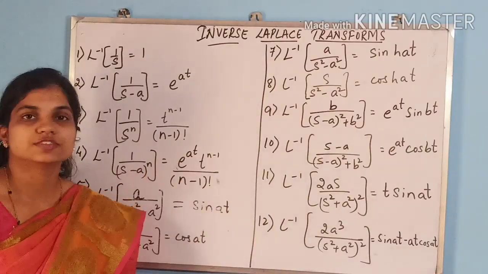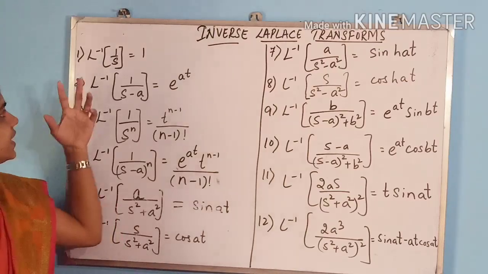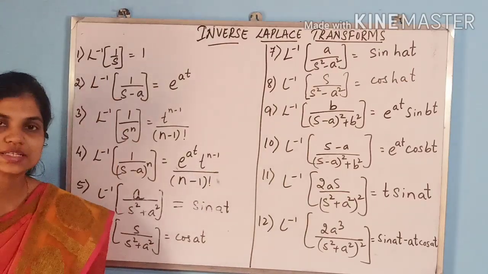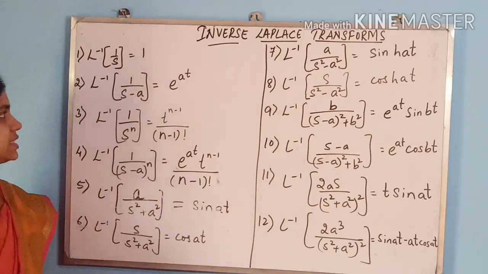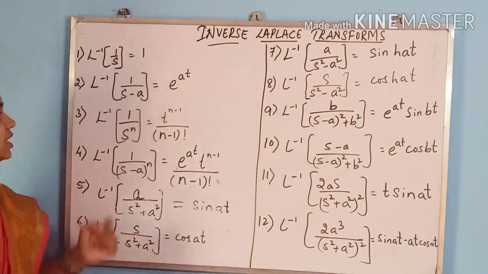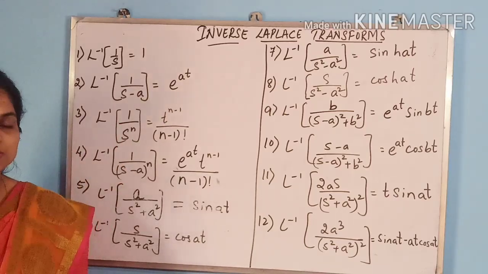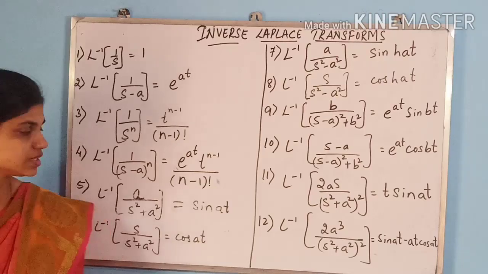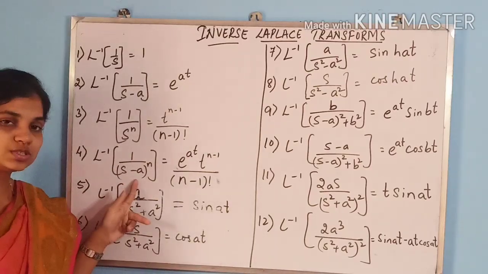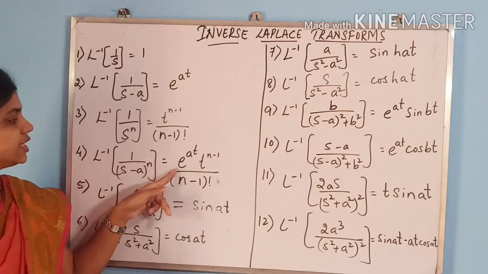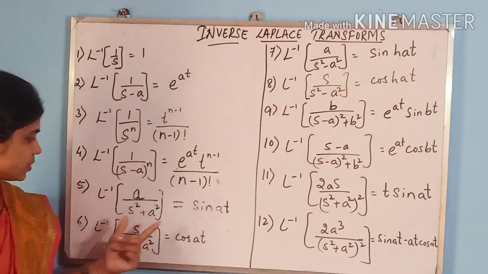These are the formulas of inverse Laplace transform. The first one is Laplace inverse of 1 by s is equal to 1. Laplace inverse of 1 by s minus a is equal to e raised to at. Laplace inverse of 1 by s to the power n is t raised to n minus 1 upon n minus 1 factorial. And Laplace inverse of 1 by s minus a to the power n is e raised to at times t raised to n minus 1 upon n minus 1 factorial.